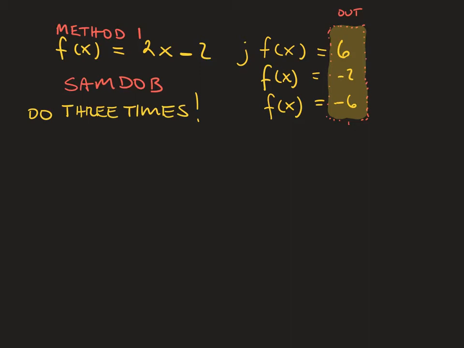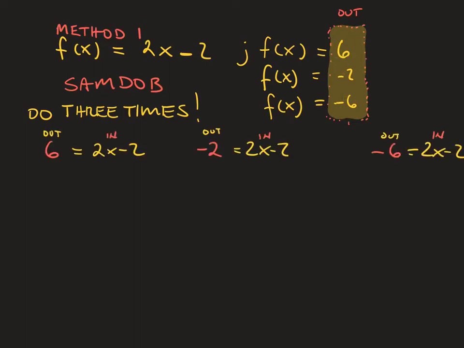It's important to note that we're going to need to do this process 3 times because we had 3 outputs listed in this particular problem. So we're going to have to do 3 different problems in order to get 3 different input values for x. One more time, f of x was equal to 6, minus 2 and minus 6.